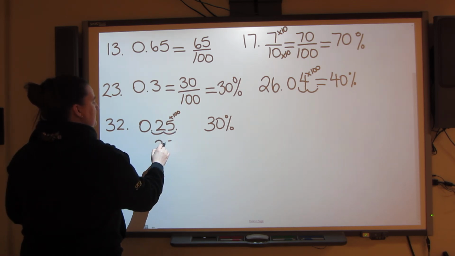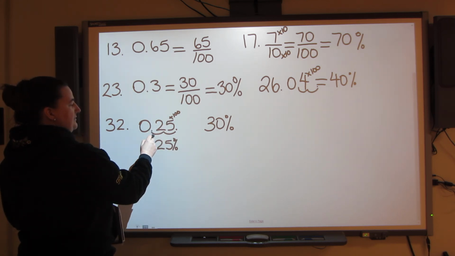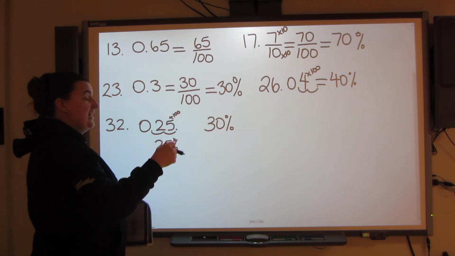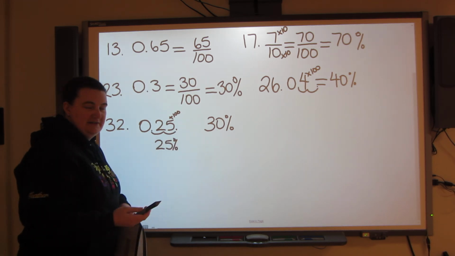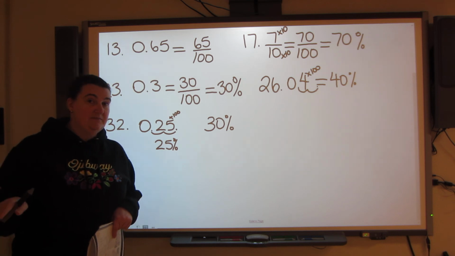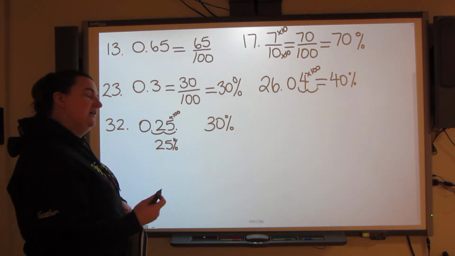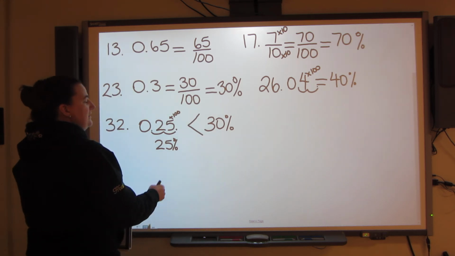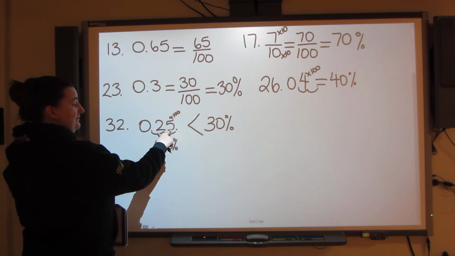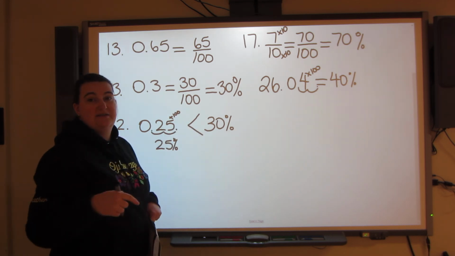Now I have 25%. Times by 100, I move the decimal 2 spots to the right to make it bigger. So I have 25% and 30%. They're not the same, so I can't use the equal sign. Are they bigger or smaller? Which one's bigger? Don't forget, the mouth eats the bigger one. So 0.25, or 25 hundredths, is smaller than 30%.